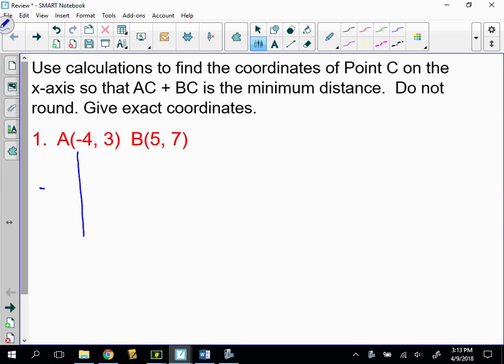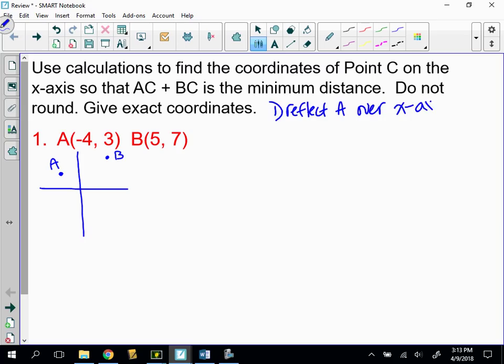So if we do a graph of (-4, 3), it's approximately in this region right here. And then (5, 7) is going to be about right here. Okay, so step 1, we're going to reflect A over the x-axis.